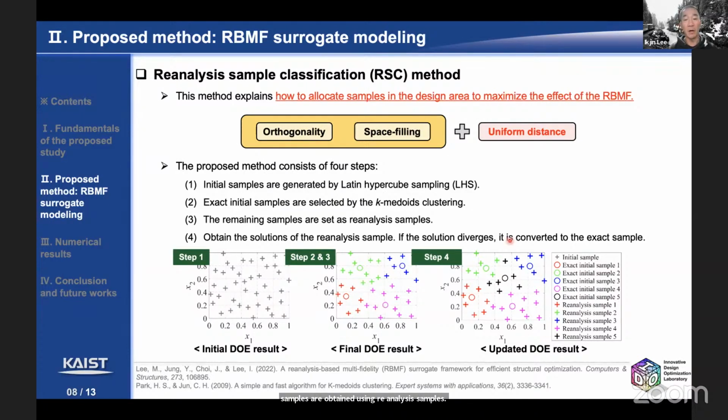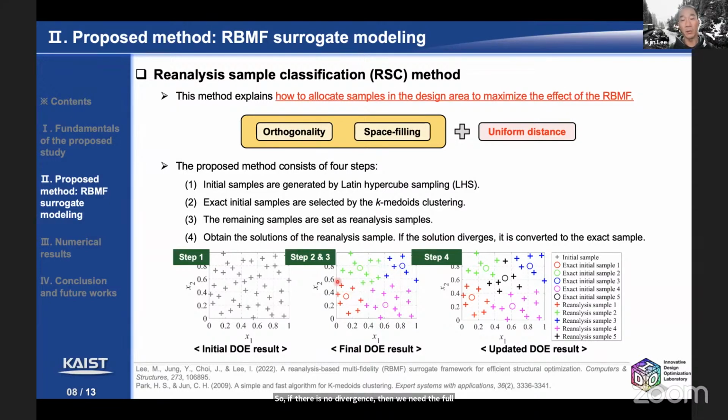But if the reanalysis solution diverges, then that sample is converted to an exact sample. So if there is no divergence, then we need 4 exact samples and the remaining reanalysis samples.